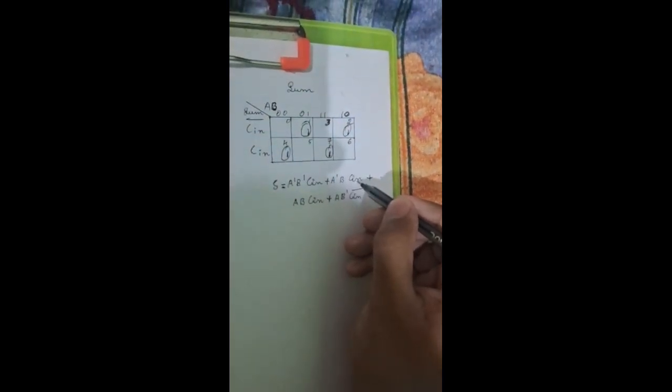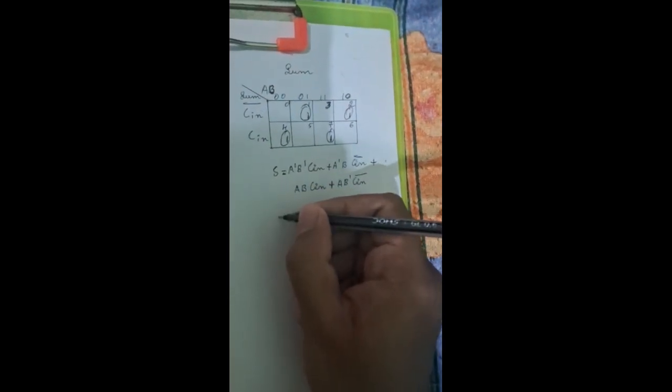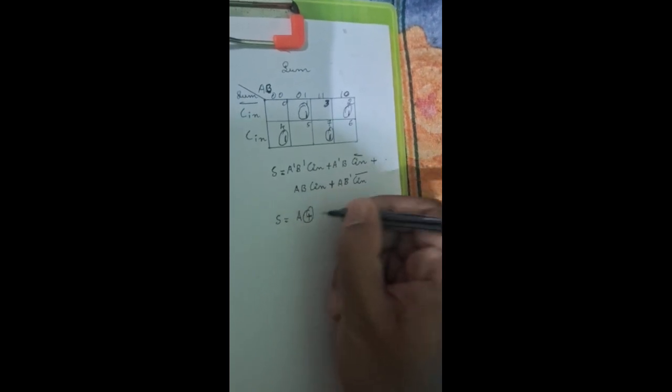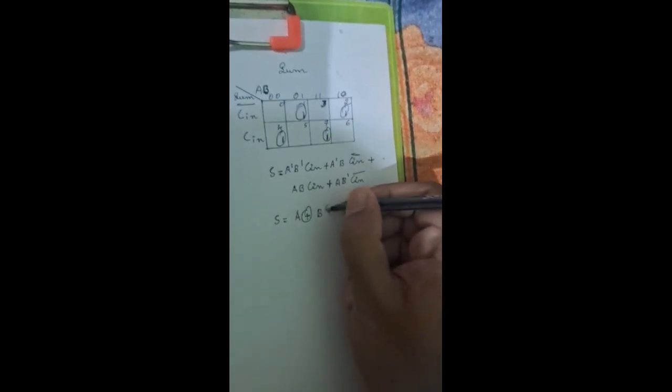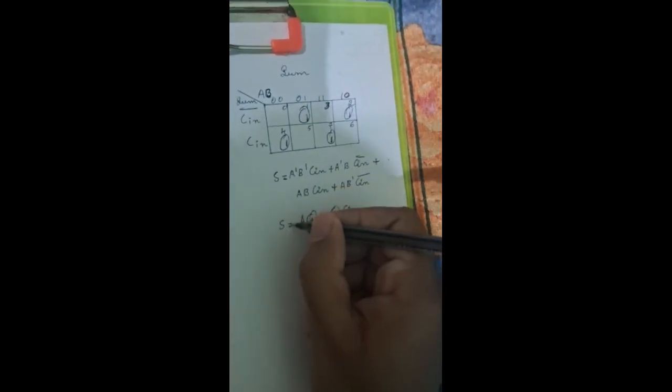So we can simplify the sum equation as S is equal to A plus B plus C in. This is the simplified expression.